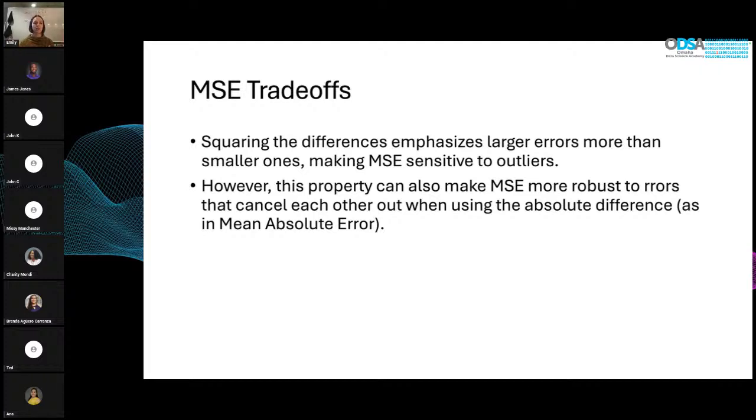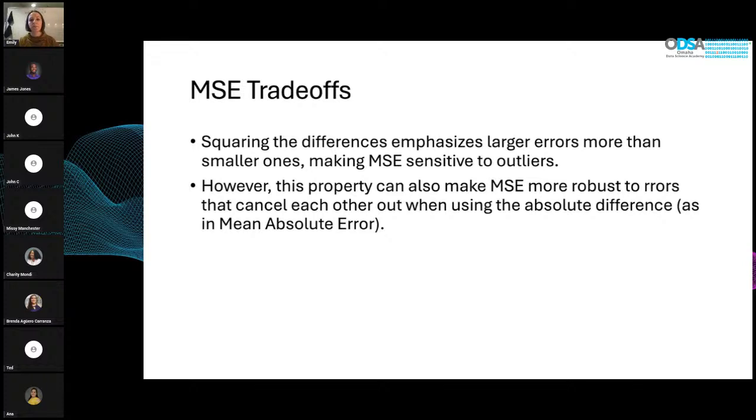It treats all of the errors the same. Well, if you square $10,000 versus $5,000, you're going to have a much bigger number for $10,000 than $5,000 due to that squared nature. So you're going to have a bigger penalty for times when you're off by larger amounts. So it's more sensitive to those outliers.